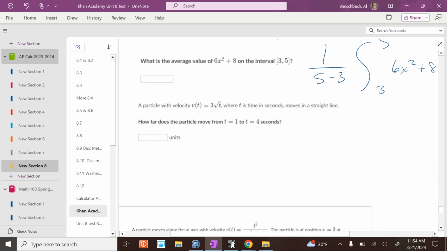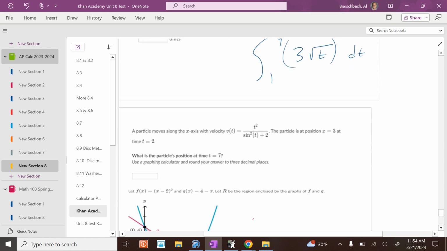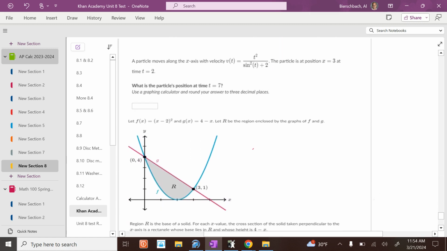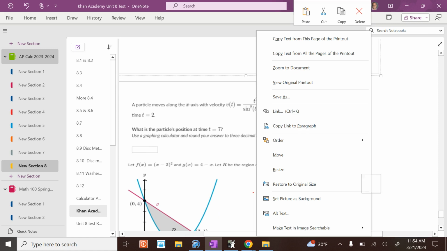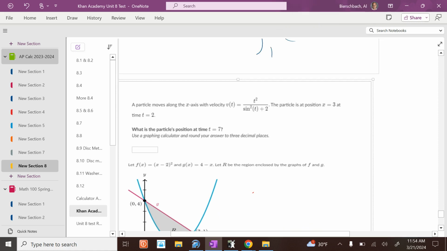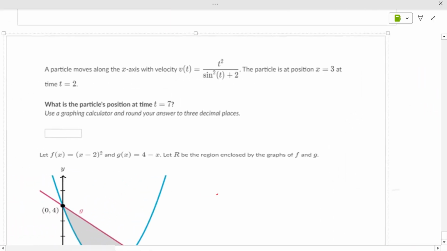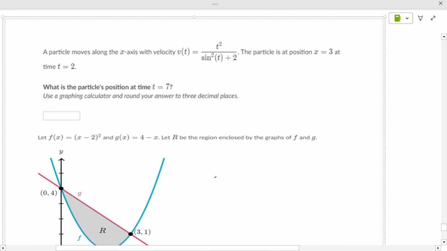Particle with that velocity from 1 to 4, integral from 1 to 4 of 3 square root of t dt. Particle moves along the x-axis with that velocity.